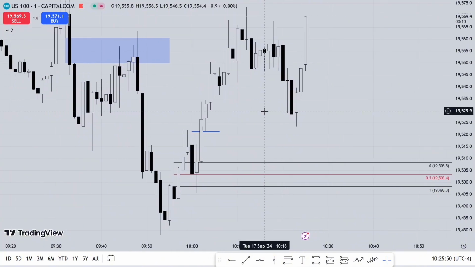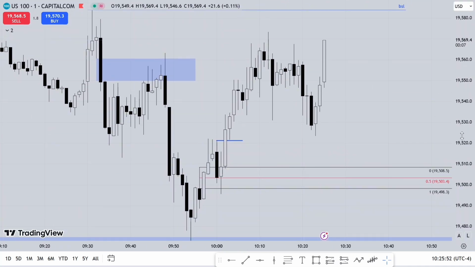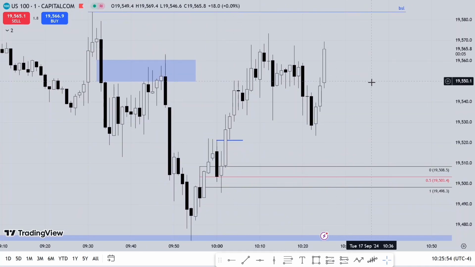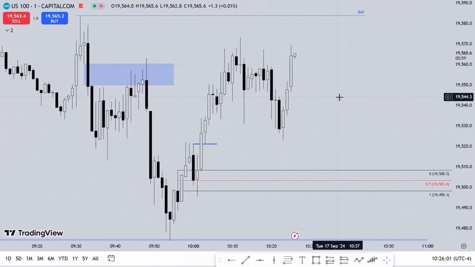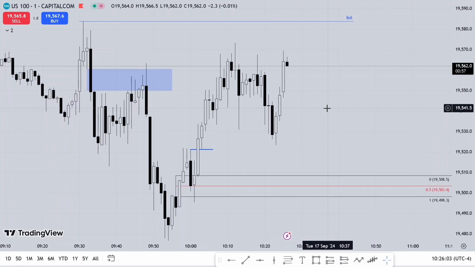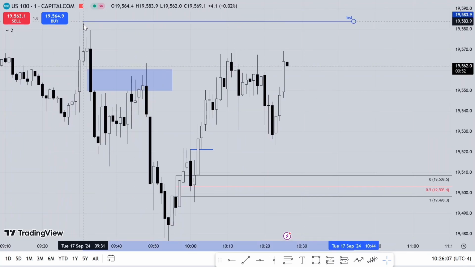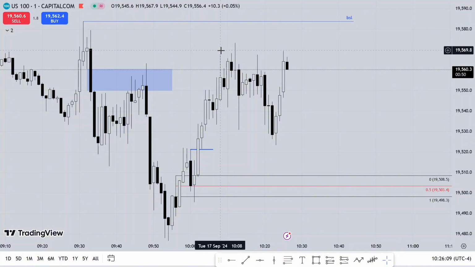So you're still watching this price action to see how it is being delivered here, because we're chopping back and forth, failing to take out these highs when the US500 has already taken out its high there.